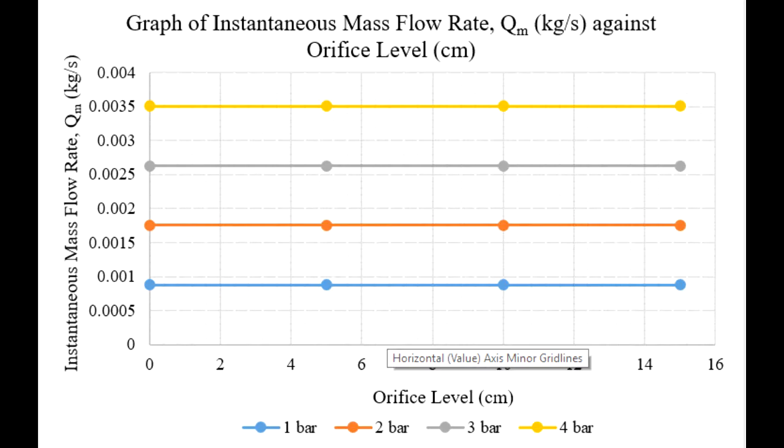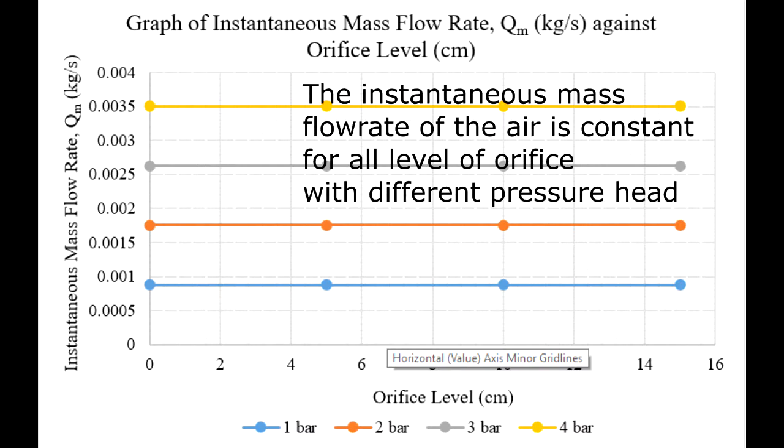The last graph for the second experiment shows the relation of instantaneous mass flow rate of the air in the gas containment tank with the orifice level. The instantaneous mass flow rate of the air is constant for all levels of orifice with the same orifice diameter at all pressure heads.